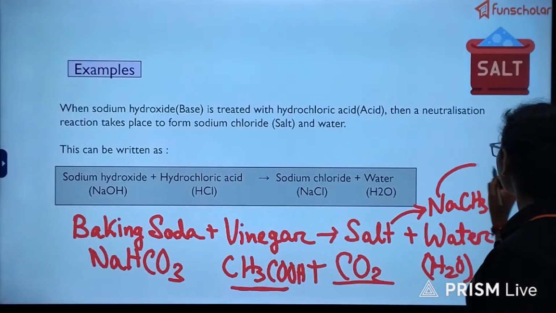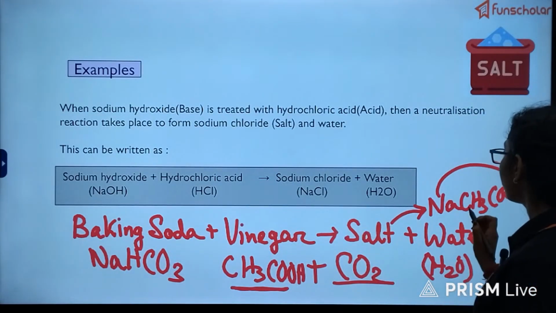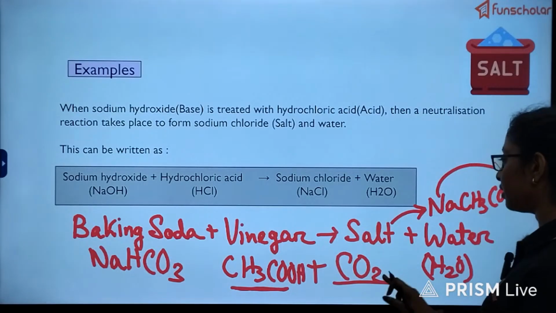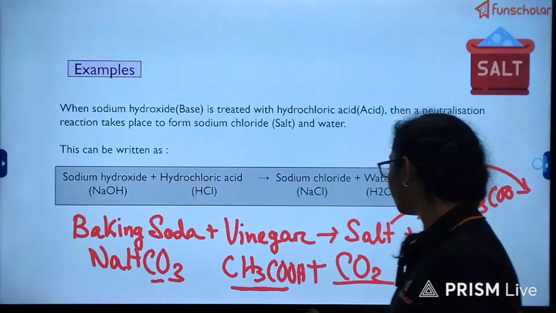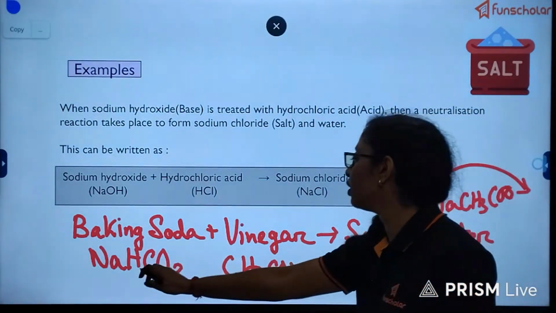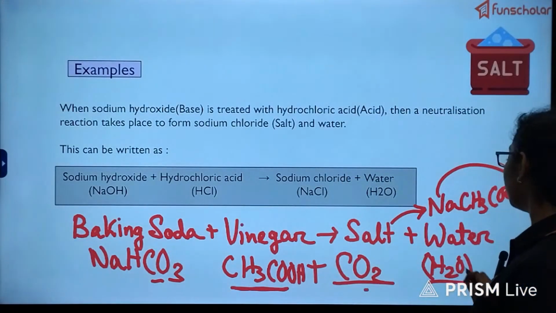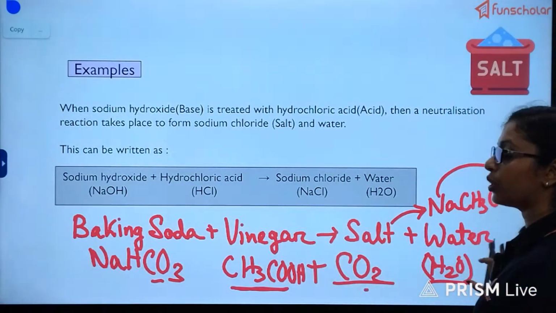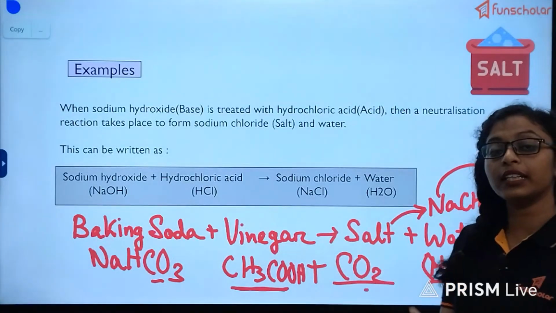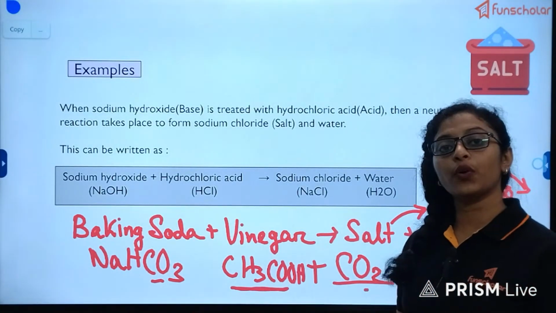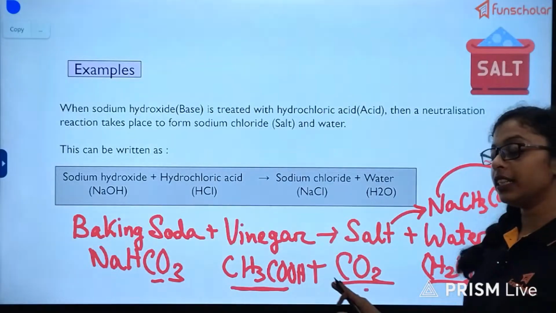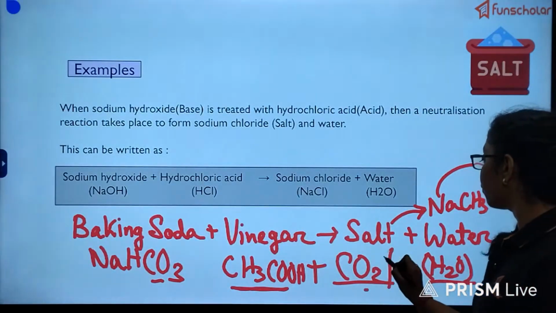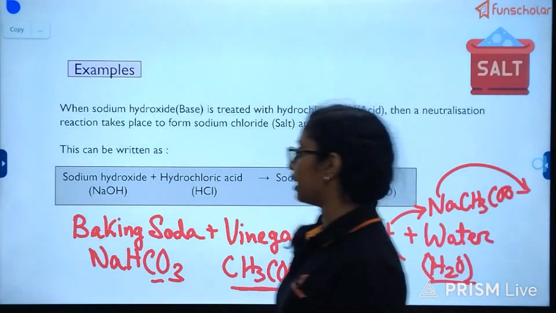You can also write it here. So it will be sodium acetate, and there will be CO2 from here, and then there will be H2O. So that is another neutralization reaction that you can easily experiment with at home, and you can see the production of another gas, which is carbon dioxide.